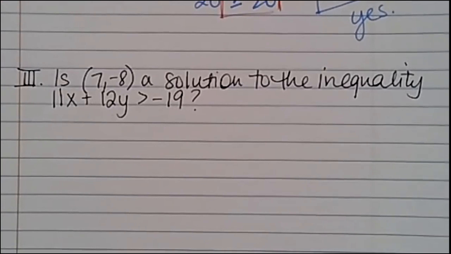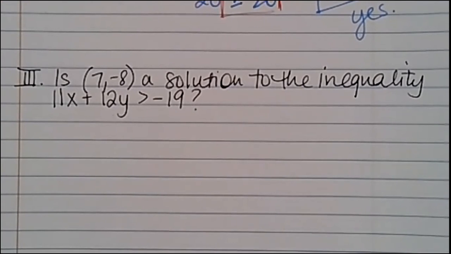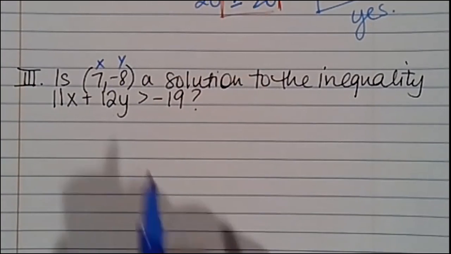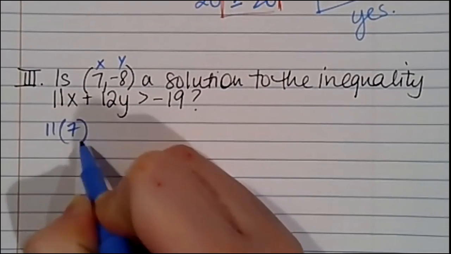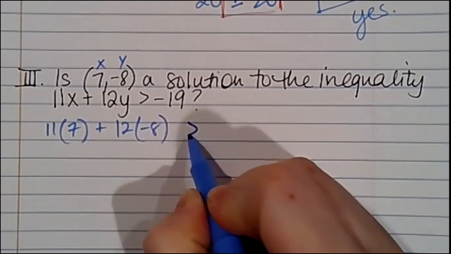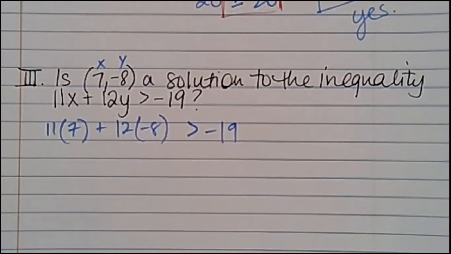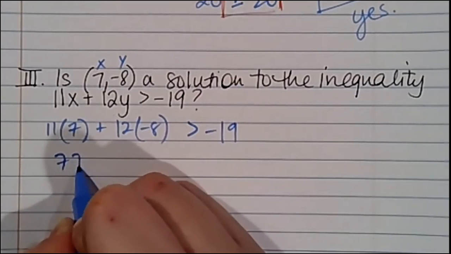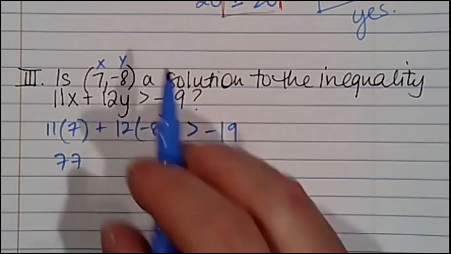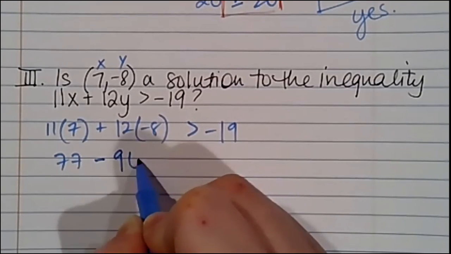Is it a solution to the inequality 11x plus 12y is greater than negative 19? Let's find out. I'm going to bring my calculator up for that, okay? So identifying your x and y, this is your x and this is your y, plugging it in. 11 times 7 plus 12 times negative 8 is greater than negative 19. 11 times 7 is 77. 12 times negative 8 is negative 96.